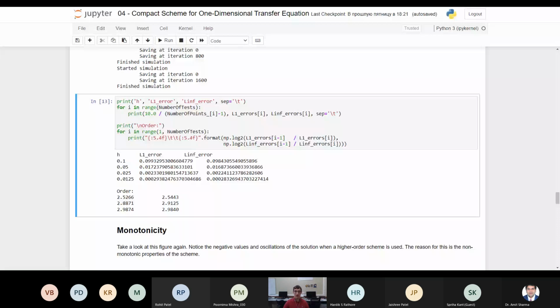One of the main advantages of this is that the interpolation procedure is performed only in one line segment between just two neighboring points, so no extra points are required. The stability condition for this scheme remains the same as for the schemes you discussed on previous lectures. And another important concept in numerical methods that we will discuss today is monotonicity.